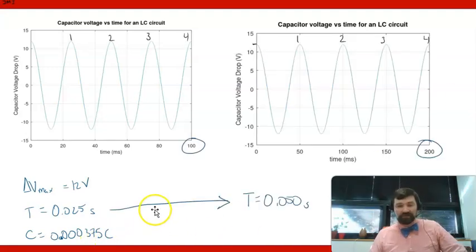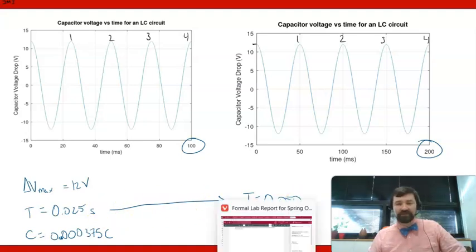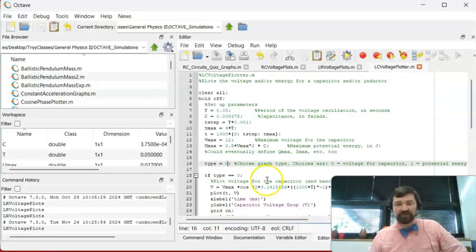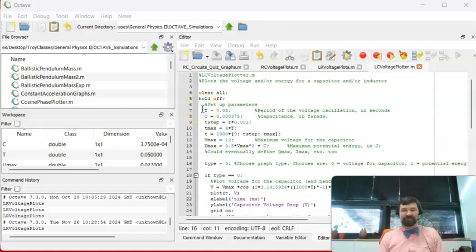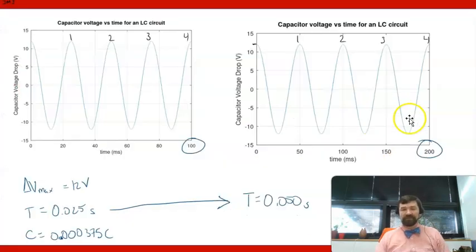Alright, so if we double the period from 0.025 seconds to 0.05 seconds and run the simulation again, then what we're expecting to see is for 4 of these periods to, rather than taking 100 milliseconds, take 200 milliseconds. And that is indeed what we are now seeing here.